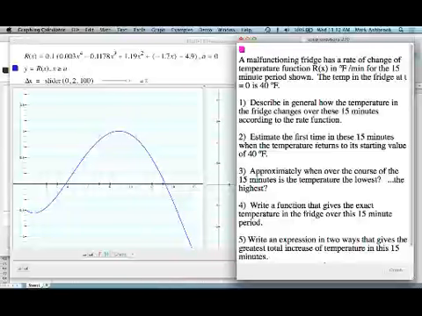Still it's decreasing at an increasing rate, and then it begins to increase for the first time.